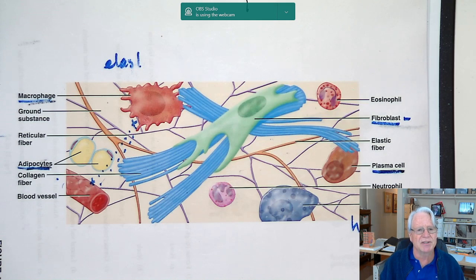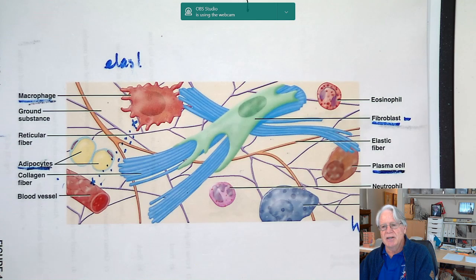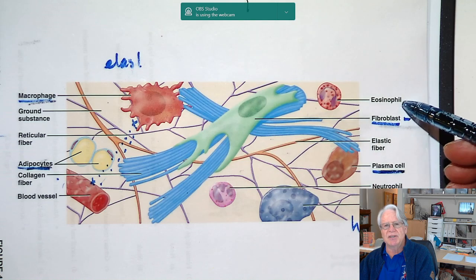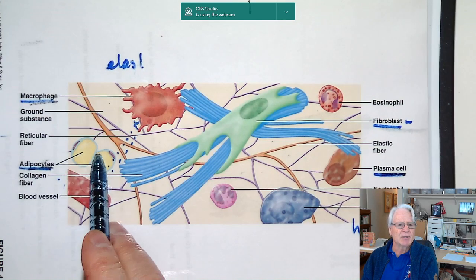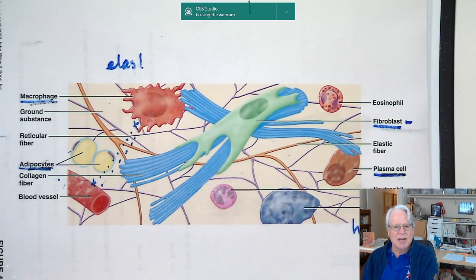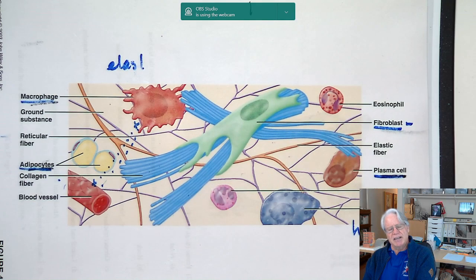So let's focus on the cells first. One of the things that we said about the cells is that there are a lot of different types of cells, and you can see that quite clearly here. We have mast cells, neutrophils, plasma cells, fibroblasts, eosinophils, macrophages, adipocytes. So a lot of different types of cells are found in connective tissue.